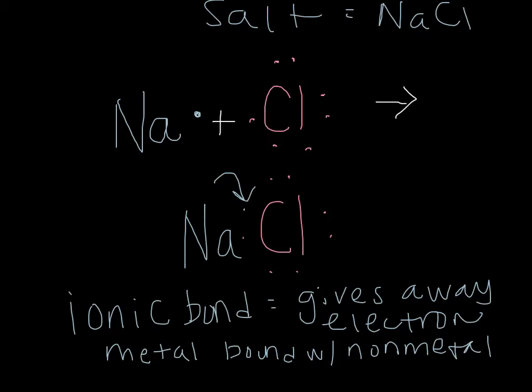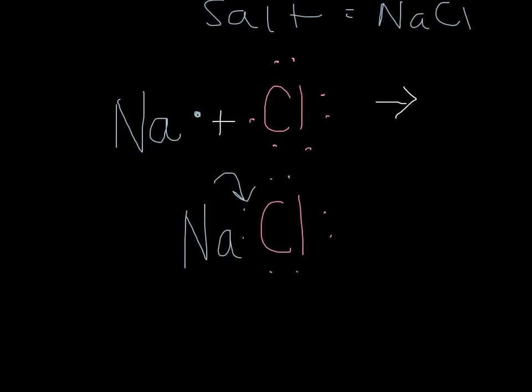So let's do one more example of this type of bond. Let's do sodium bromide. So if we have sodium, remember it has just 1 valence electron, and we add it to bromine, which is similar to chlorine.